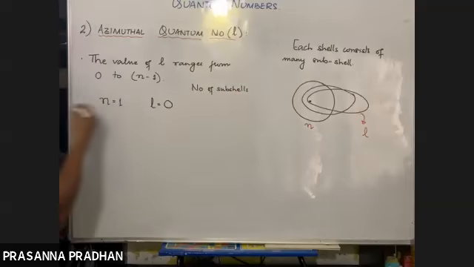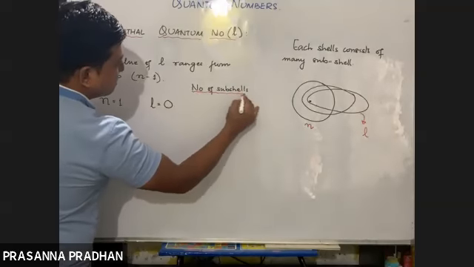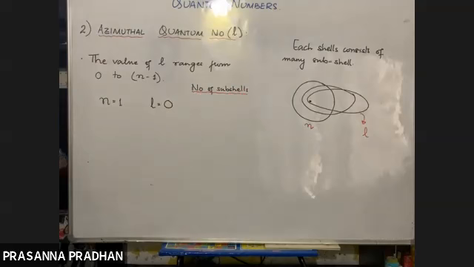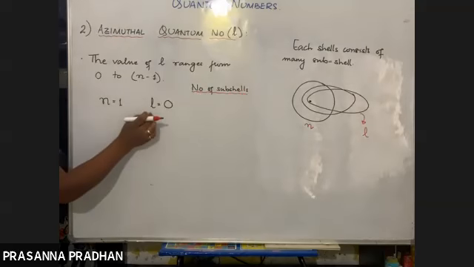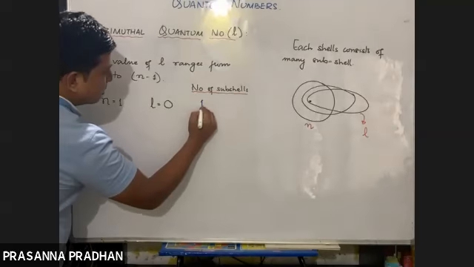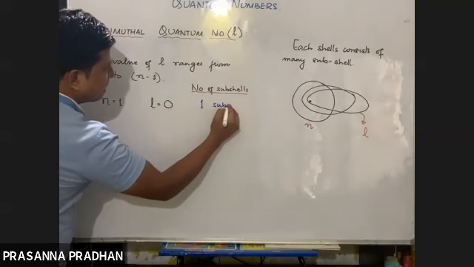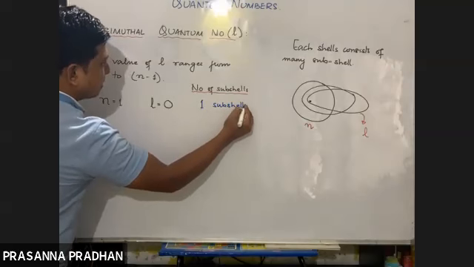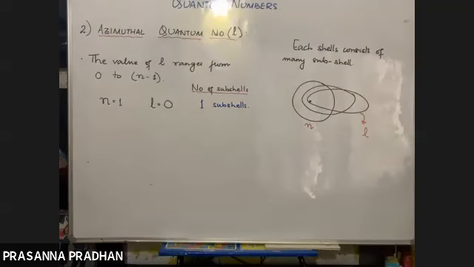I'll write down number of subshells. Corresponding to L equals 0, we can say definitely the first shell contains one subshell. That means in the first shell we have only one subshell.